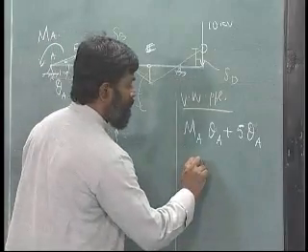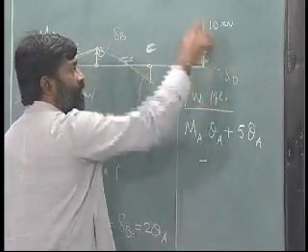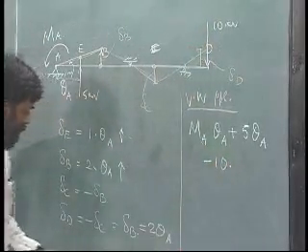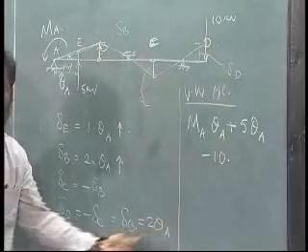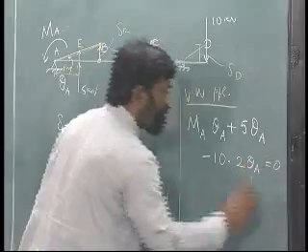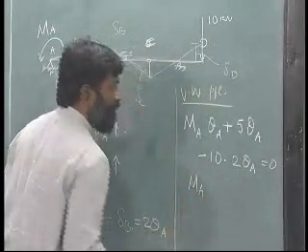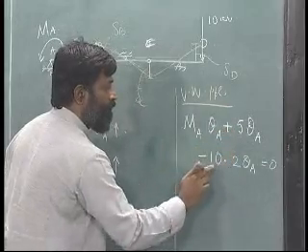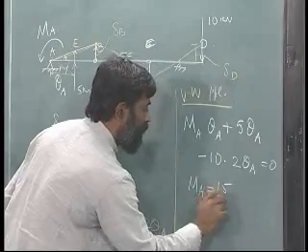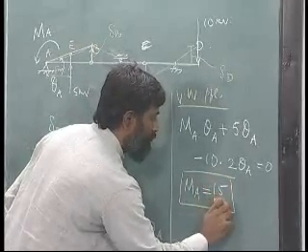How about this? This is a positive delta D, but a negative this thing. So, it is minus 10 times delta D, which is 2 theta A. So, it is 2 times theta A, and that is equal to 0. Okay. Separating theta A, I have MA plus 5 minus 20, which is minus 15, equals 0, or MA equals 15 kilonewton meter.